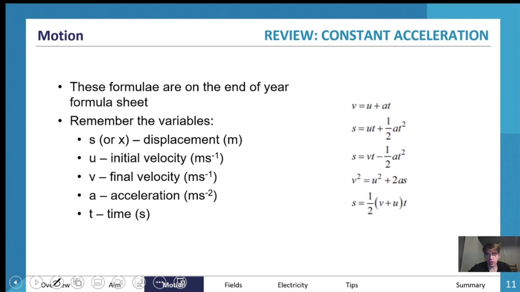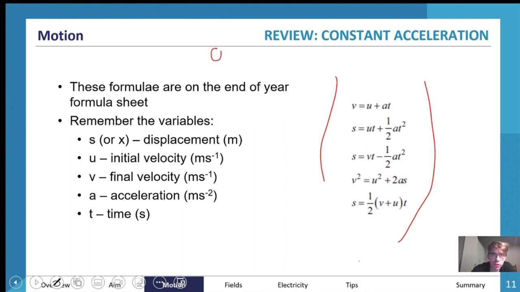So this is what you guys call SUVAT or something like that. Yeah, SUVAT, that's what you guys call it. At the end of the day, it doesn't matter what you call it, just remember all the formulas. Super important. So there are constant acceleration formulas and there are zero acceleration formulas. So what is a zero acceleration formula, you might be wondering?